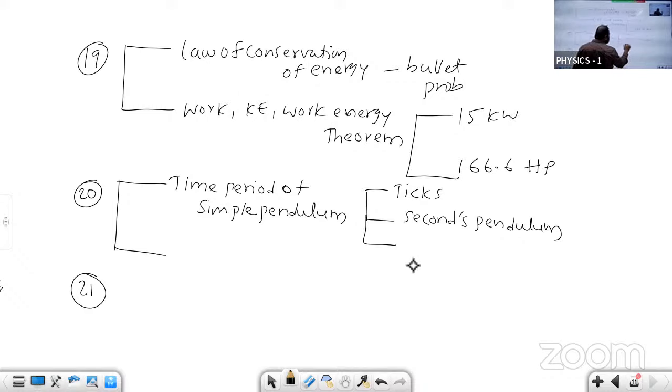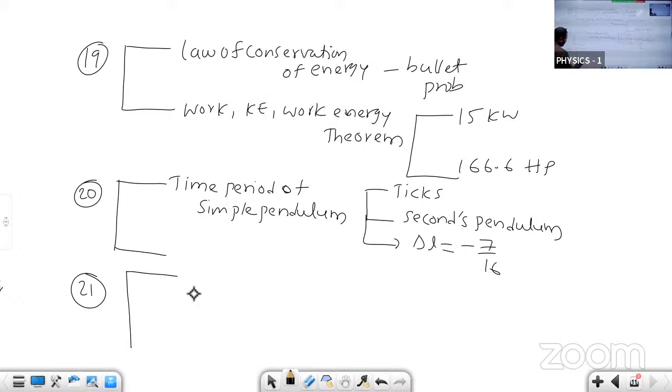Next one, change in the length, 7 by 16. This is the time period, 1, 2, 3. In 3 days, 3 LAQs are over. From these 3, 100% you are getting 1. Minimum 1, maximum 2. 3 more questions are left, students.